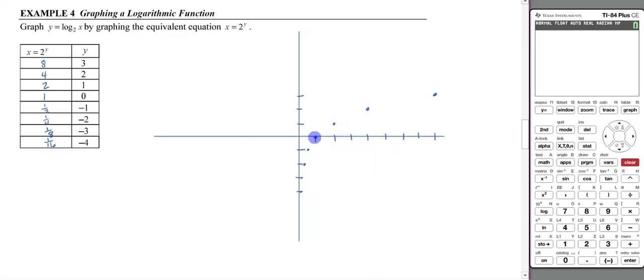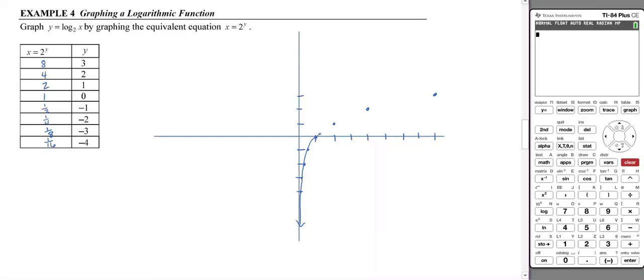You can see as we go this way, we're just going to get closer and closer and closer to that y-axis. We have a vertical asymptote here of x equals 0.